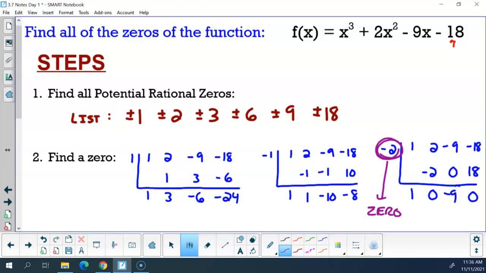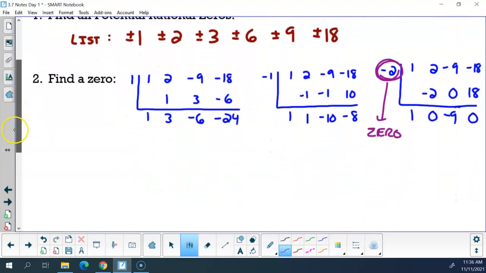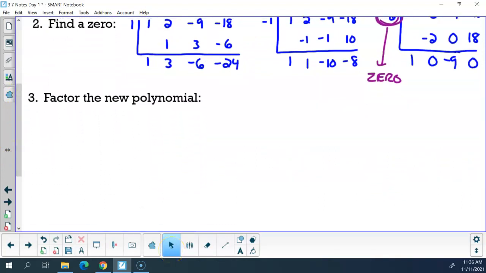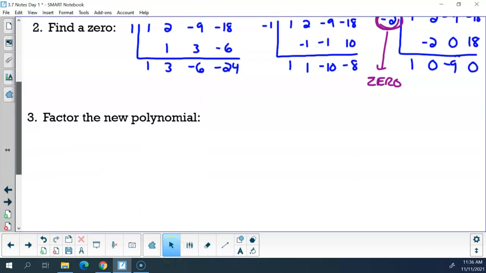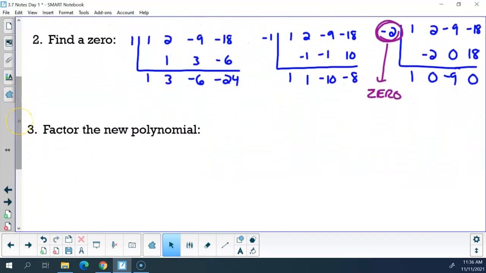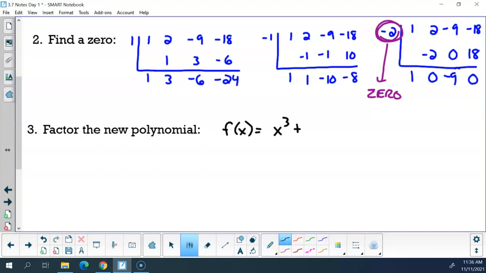So now that we have a zero, we can factor our polynomial. So my original function was f of x equals x cubed plus 2x squared minus 9x minus 18. Okay?